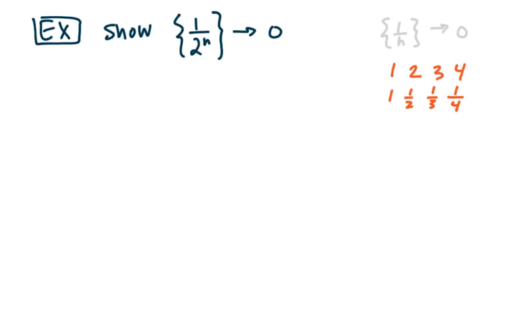And if I do the same with my n values for 1 over 2 to the n, I would get 1 over 2, 1 over 2 squared, 4, 1 over 2 cubed, 8, 1 over 2 to the 4th, 16, right?